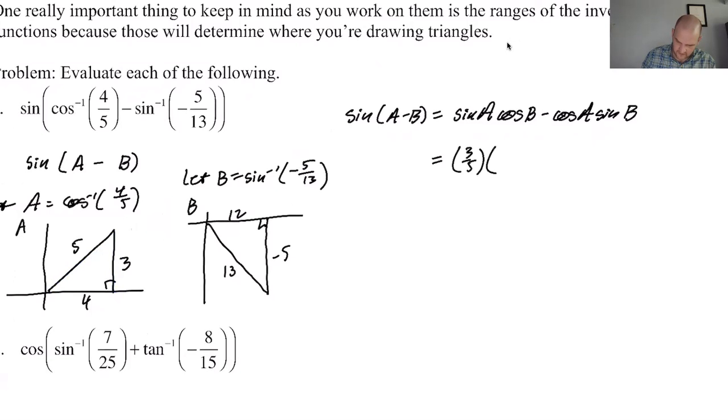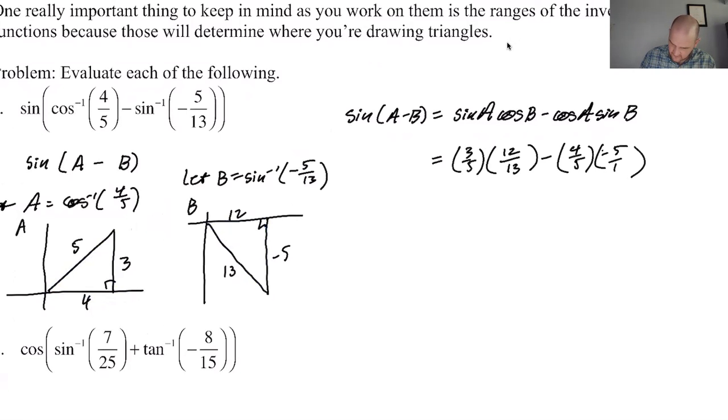And then we'll find the cosine of B. But then the cosine of A is going to be 4/5. And then we'll find the sine of B. All right, so the cosine of B is 12/13. And then the sine of B is negative 5/13.